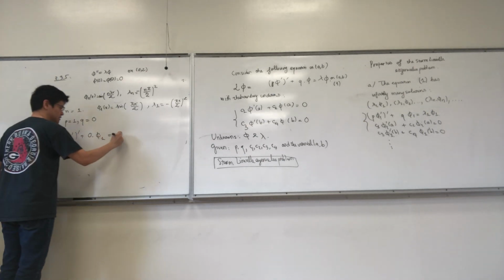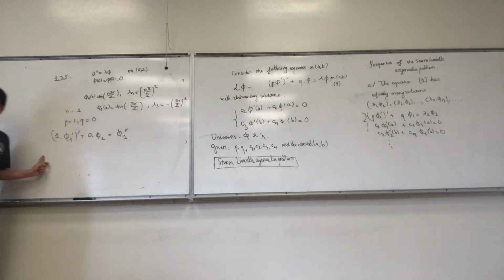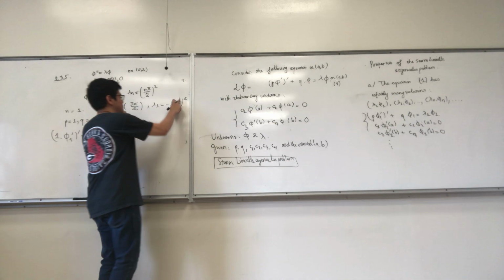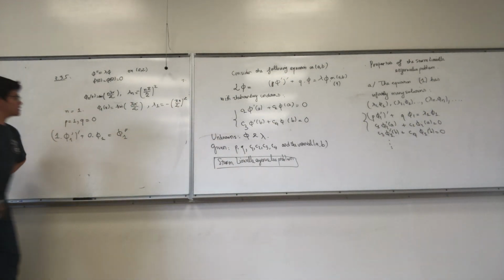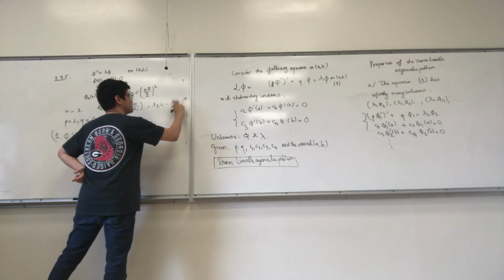So this is phi 1 double prime. Yes? For lambda 1, where did the x come from? I thought lambda is n pi. This is the n, so this is 1.